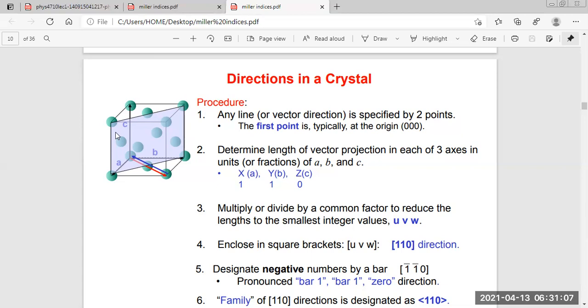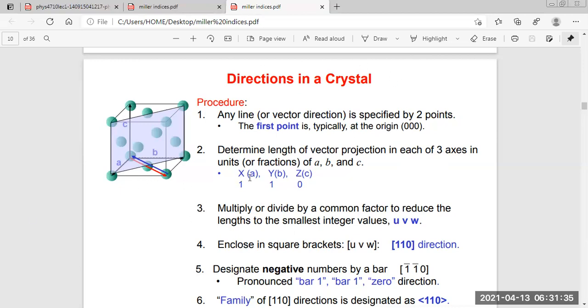So first of all, you need to choose the unit cell, and then you have to choose the origin, and then you need to choose the axes. So now you can see this. This particular point is considered to be the origin, and this a, b, c are nothing but vector projections, right, and small fractions with respect to each axis, the dimensions of the unit cell.